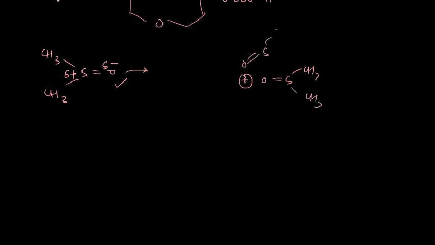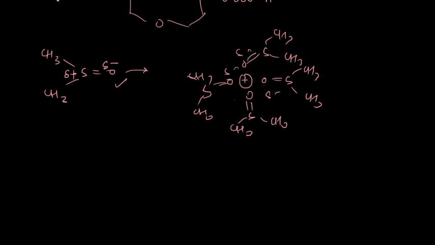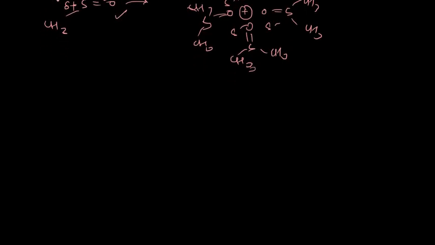Like this, sulfur, CH3, with delta negative at the oxygen ends. So a negative charge is not solvated; it can always solvate a positive charge only. So what is important?